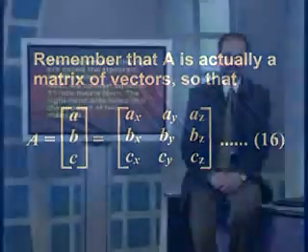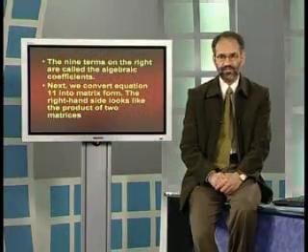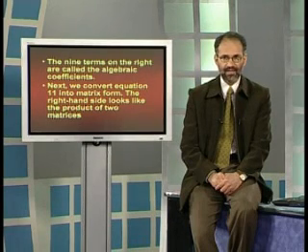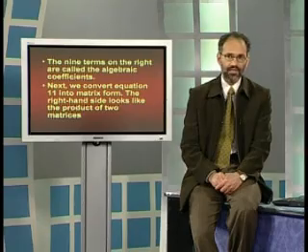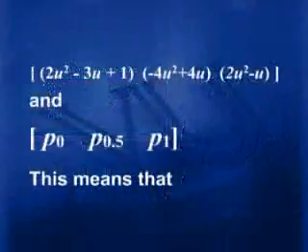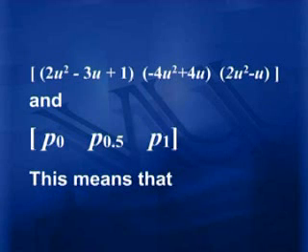Next we are going to convert equation 11 into matrix form. We have done that for equation number 5. Now we will do the same for equation number 11. The right hand side looks like the product of two matrices, the first one a row matrix. The first element is 2u squared minus 3u plus 1.